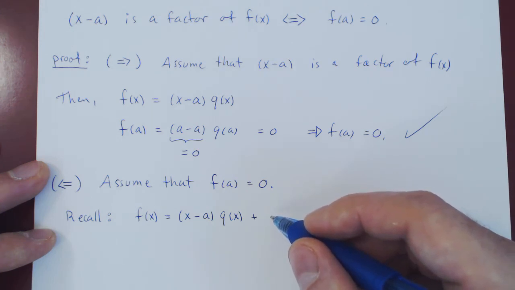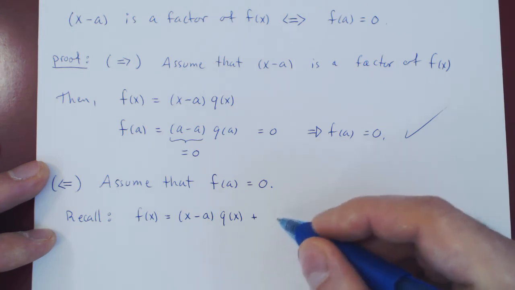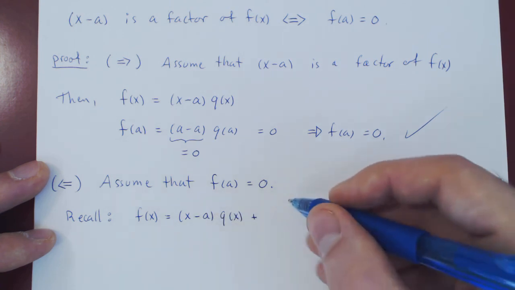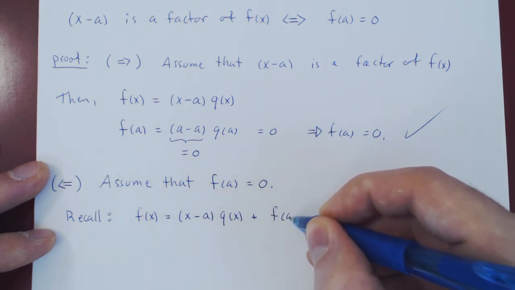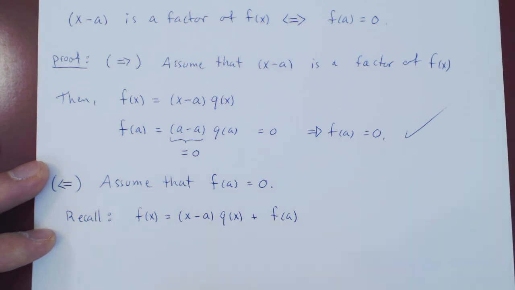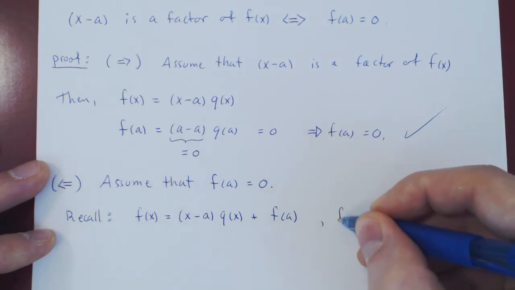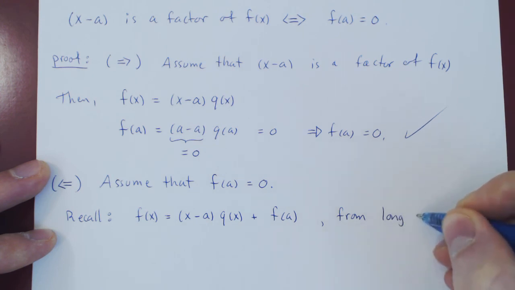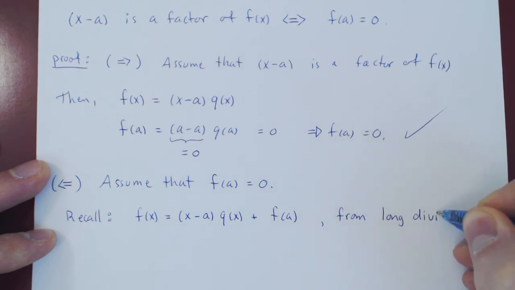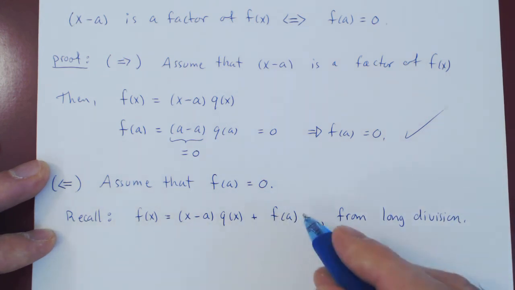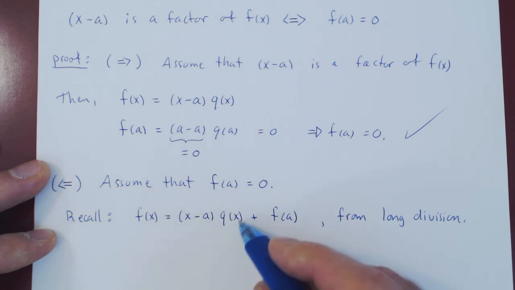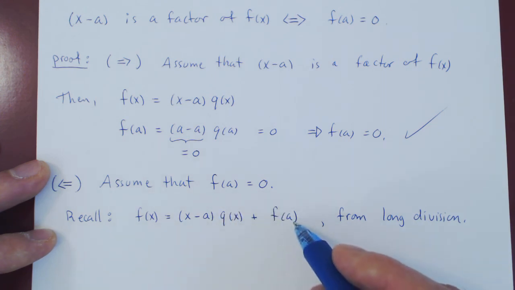And our conclusion was that this is not just any constant, it is quite simply f at a. And this is the result of long division. And now we're basically done, right? So by long division, f of x is x minus a times some polynomial plus f at a.